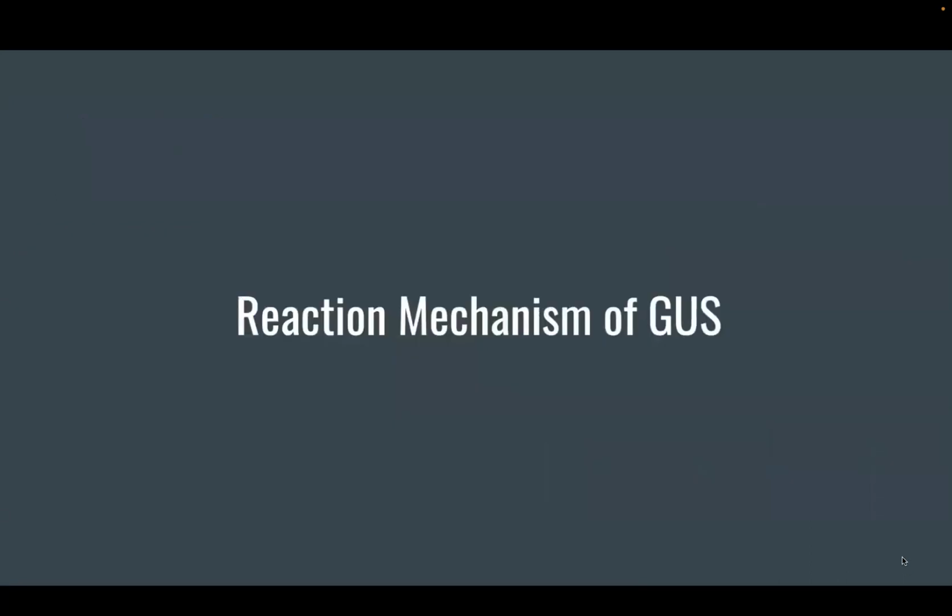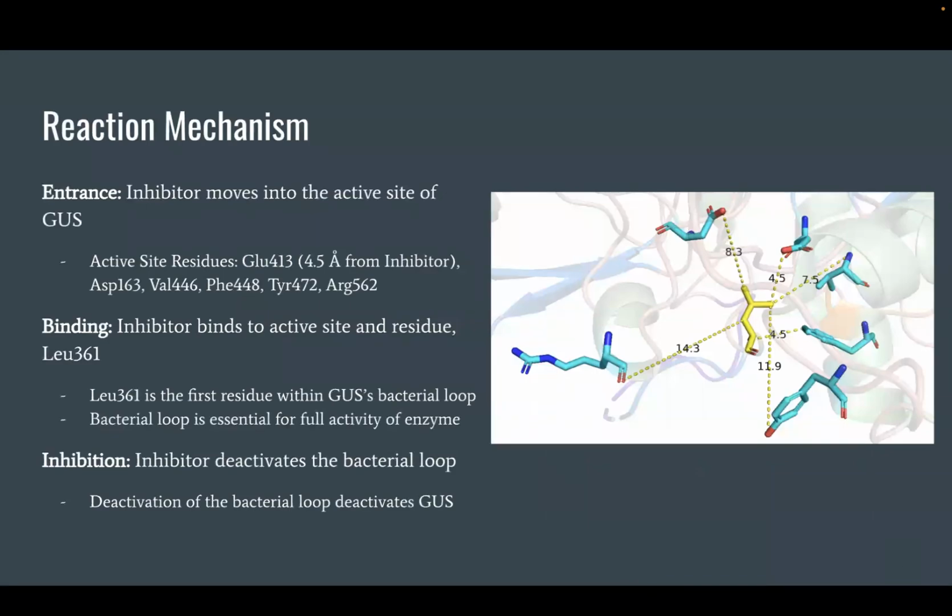We will now talk about the reaction mechanism of GUS. On the right, we have a picture of the active site showing the 6 active site residues: glutamic acid, asparagine, valine, phenylalanine, tyrosine, and arginine.